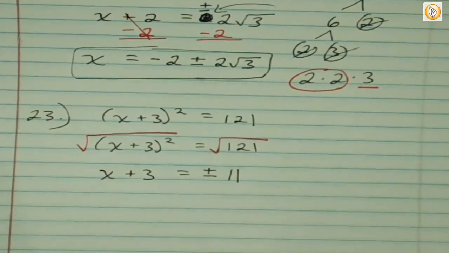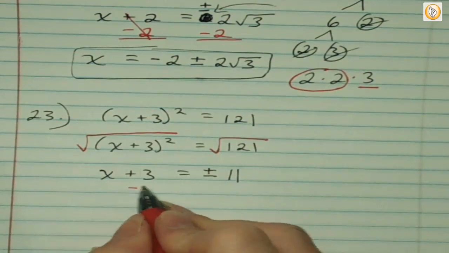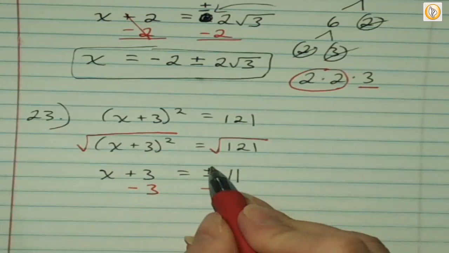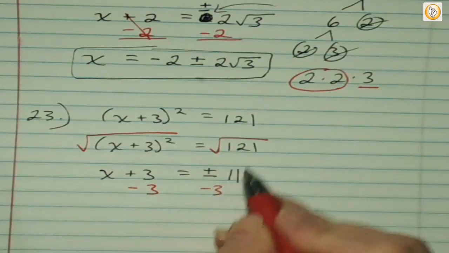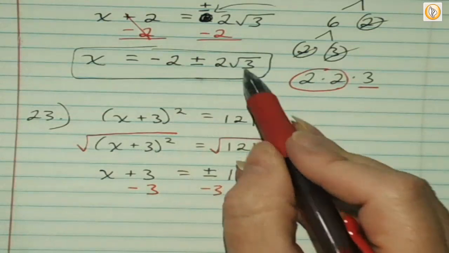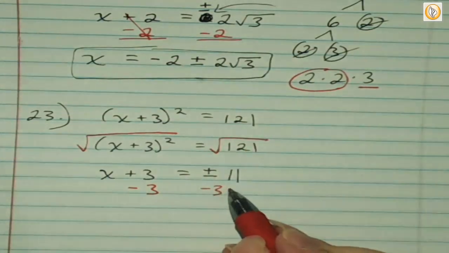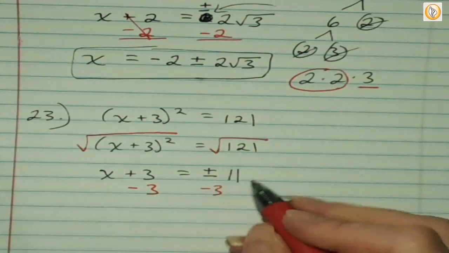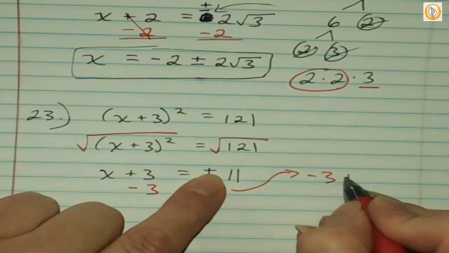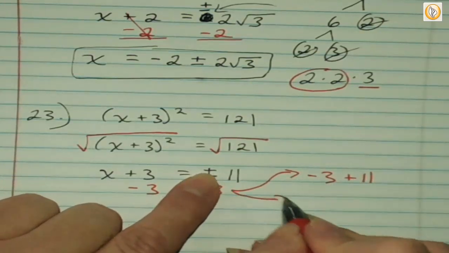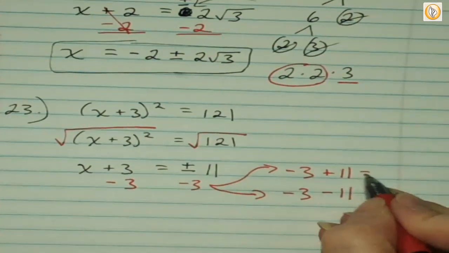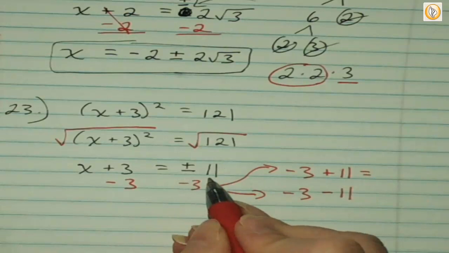Now, what do I do? You have to subtract 3. Now watch this. This is a regular number, nothing like the radical before. The negative 2 cannot be combined with this because of the radical, but the negative 3 can be combined with 11. We can do negative 3 plus 11 and negative 3 minus 11, because it's positive 11 and negative 11.